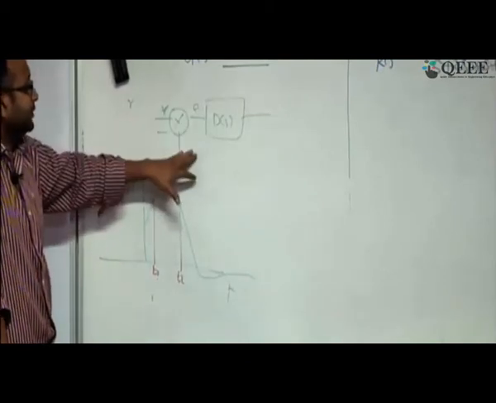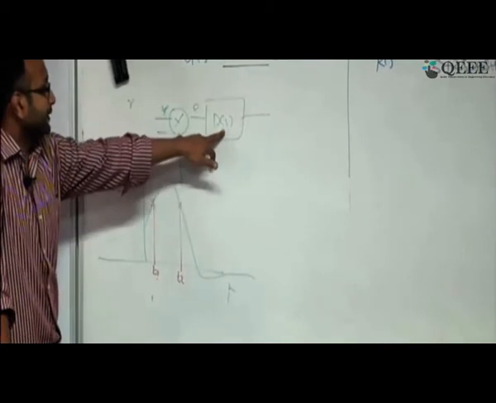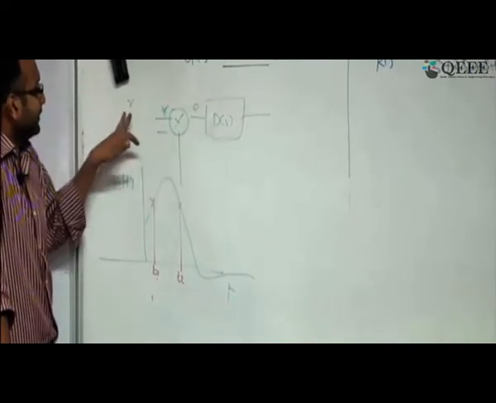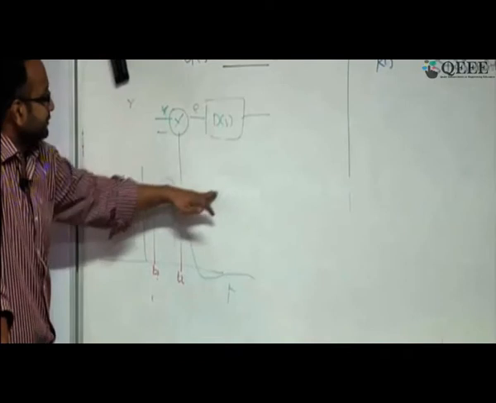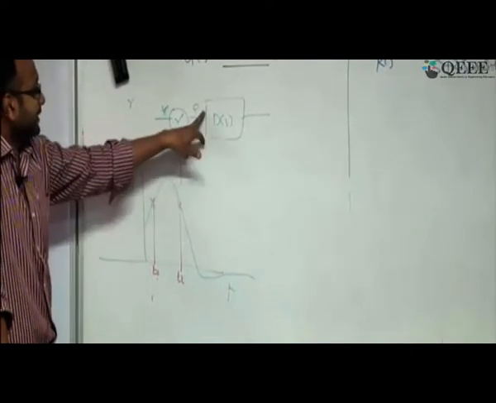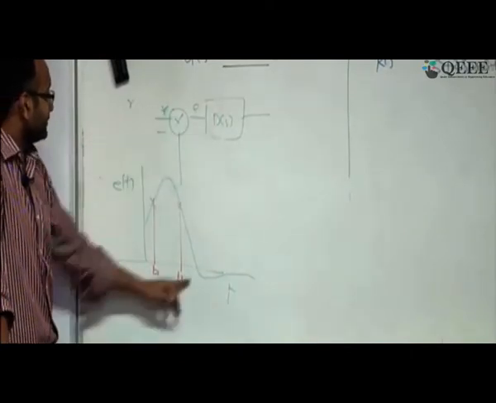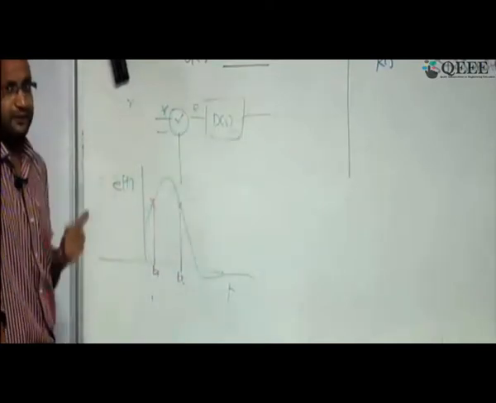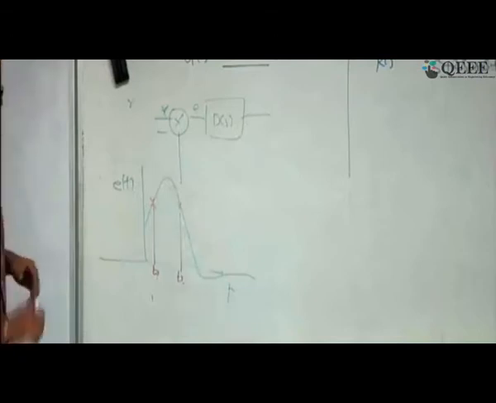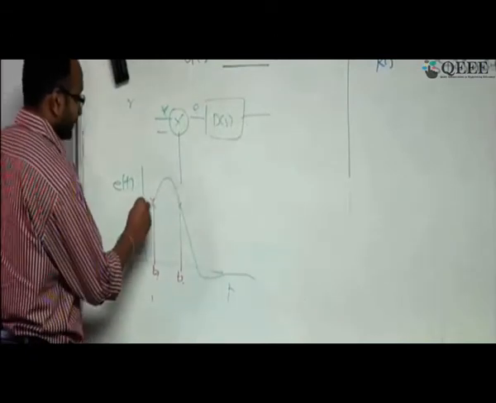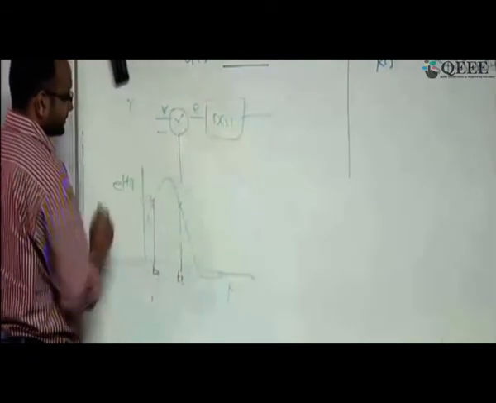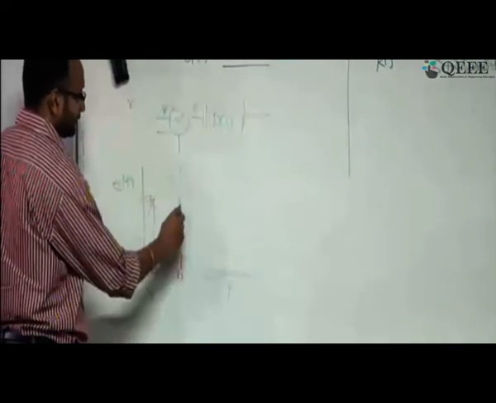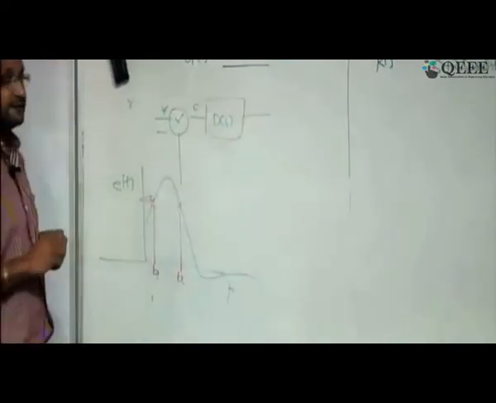For that, this is my reference signal, this is my feedback path signal, there is an error term, and I am plotting the way the error is behaving. This is a typical behavior. It could be anything, but I am taking it to illustrate the point. If you look at the error at a particular time t1, the error is this, and at a particular time t2, the error at both times is the same.